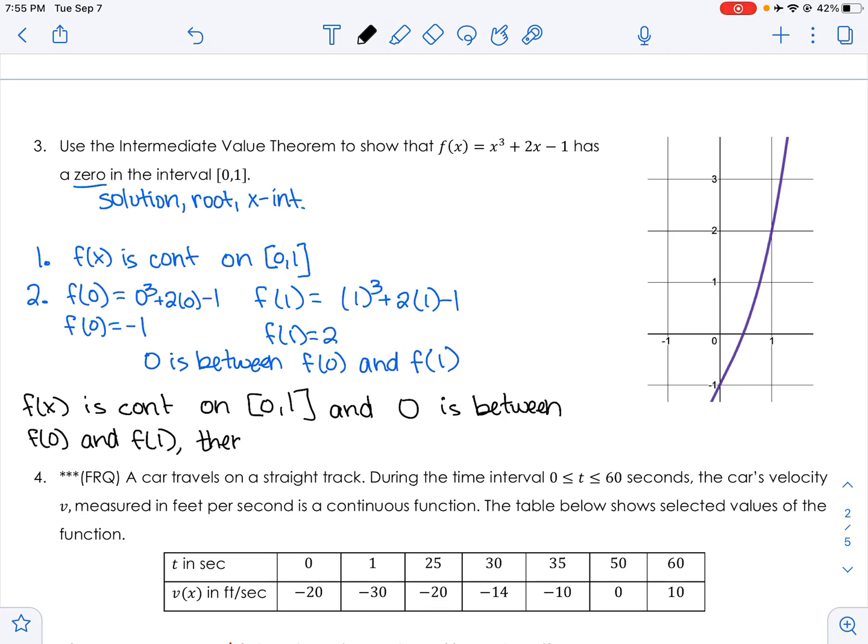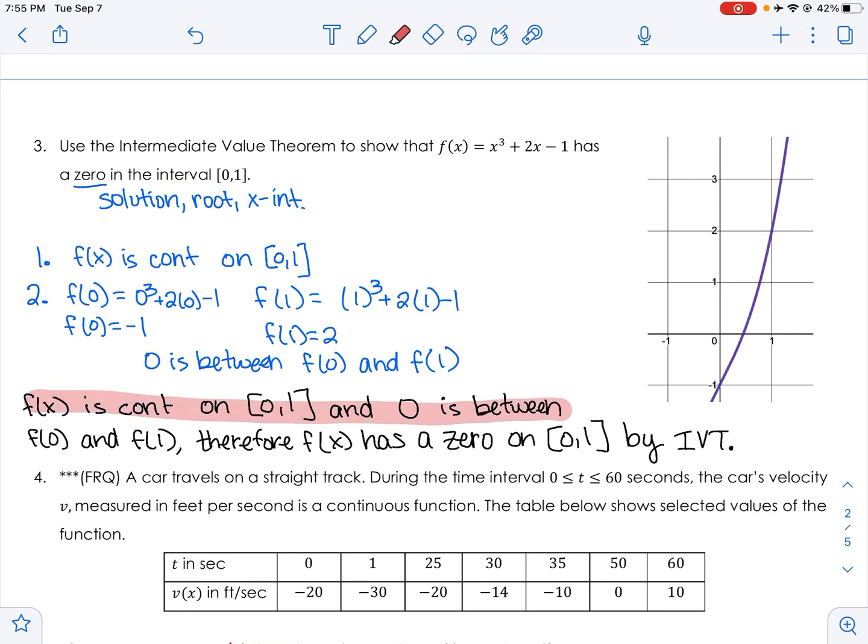Therefore, f of x has a 0 on the interval 0 to 1 by IVT. So this part right here would be your answer, where the part written in blue would be your work that is required to be shown.